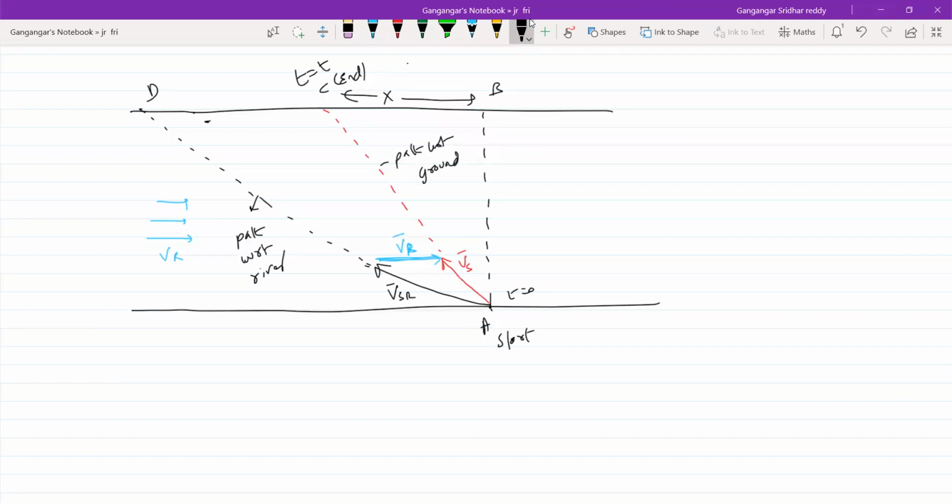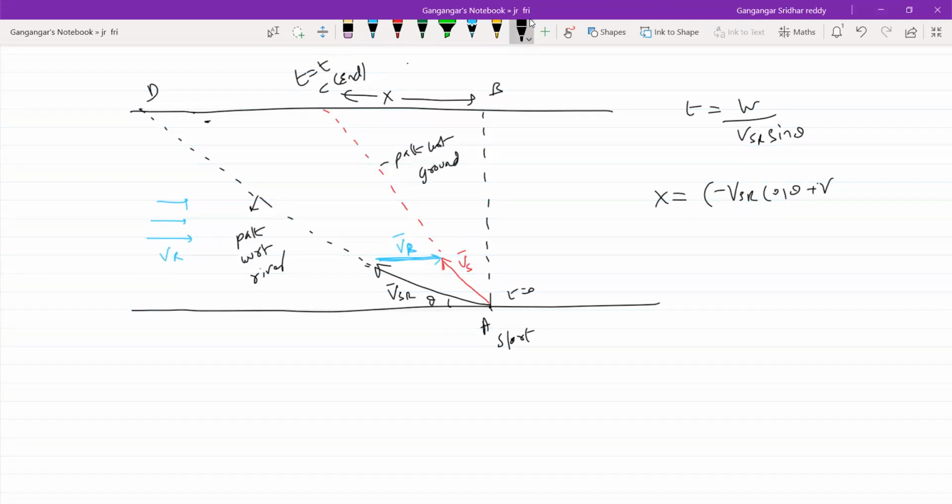Okay, now let's write the expression for crossing the river. Let this be theta. So directly shall I put W by VSR sine theta? What about the drift? X equal to VSR cos theta. Both will be negative.